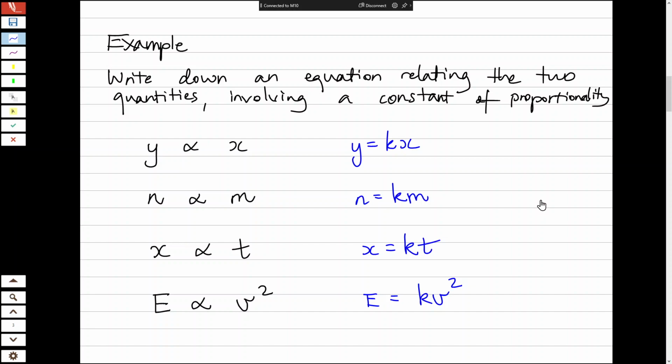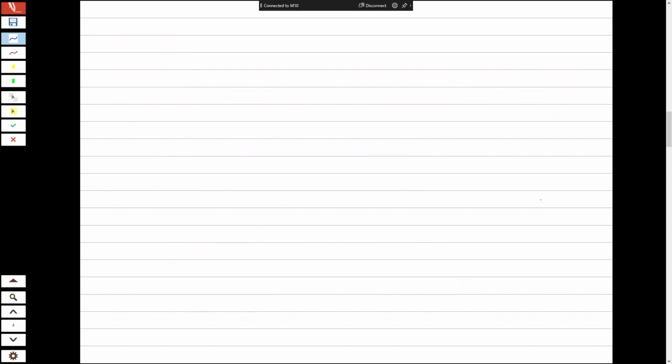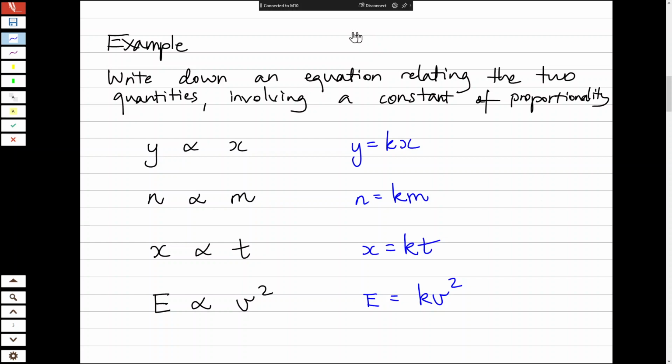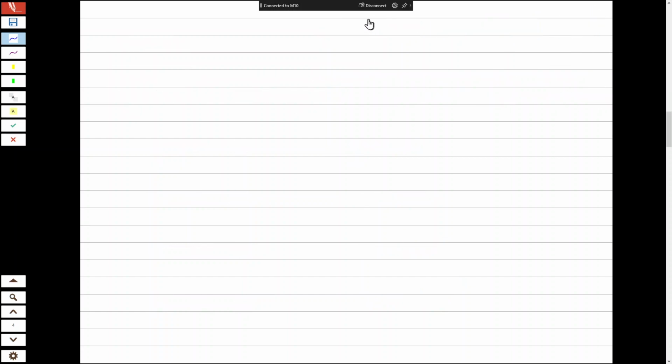All right, now you can start taking some notes for the new part. So I should say before that, this was direct proportionality. That was 9A. And today, we are looking at something called inverse proportionality.